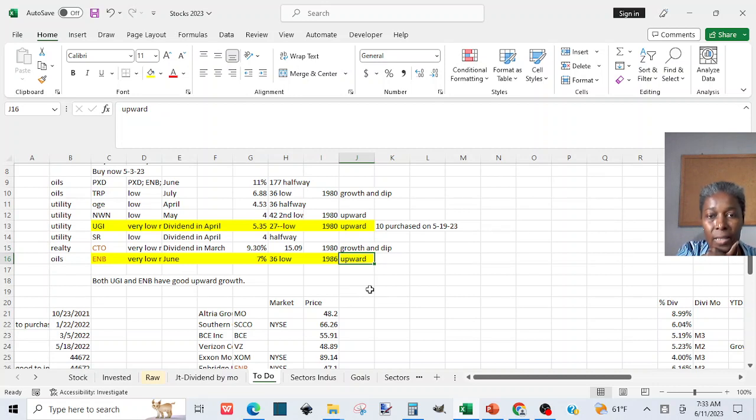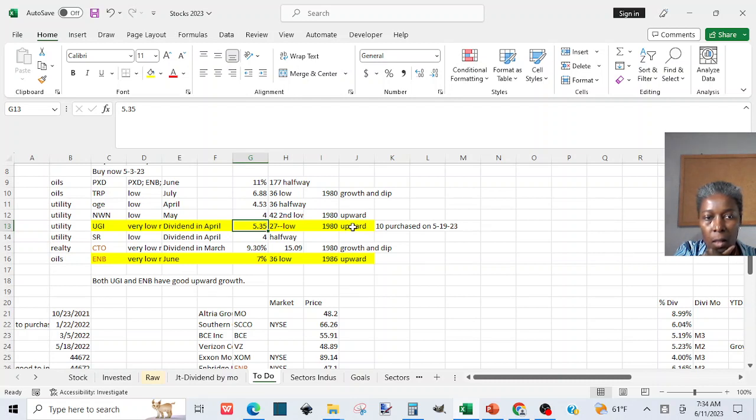So to invest, if I'm going to invest in one, which one is it going to be? This one is very low now. At the time that I was doing it, it was pretty much a month ago or so, but this has a higher dividend compared to this one.